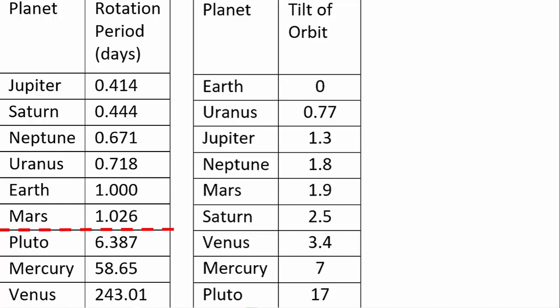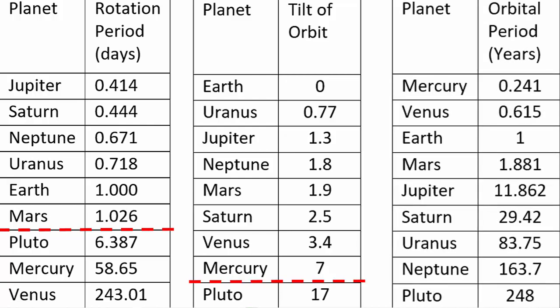None of them are very much, although Mercury at 7 degrees is kind of large, but Pluto's a big jump going from Mercury to Pluto. Pluto's orbit is tilted quite a bit more than any of the other planets. Now, here I'm including Pluto in the planet category, and we know what happened to it.